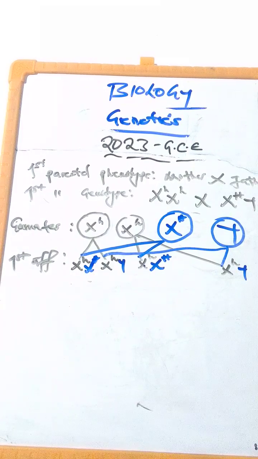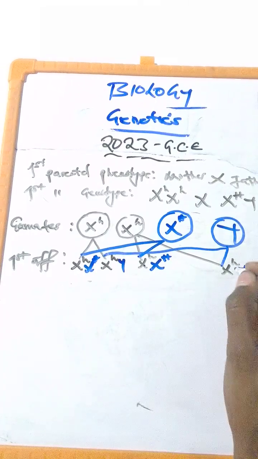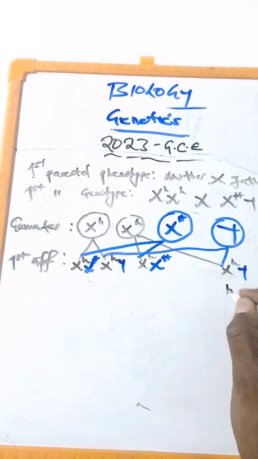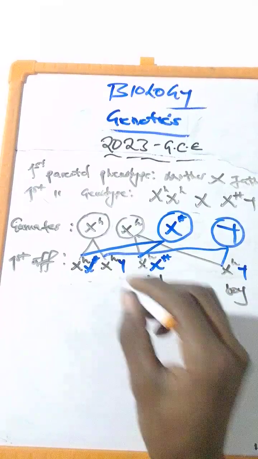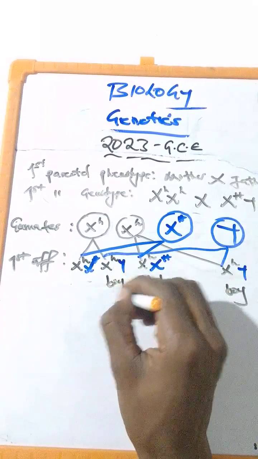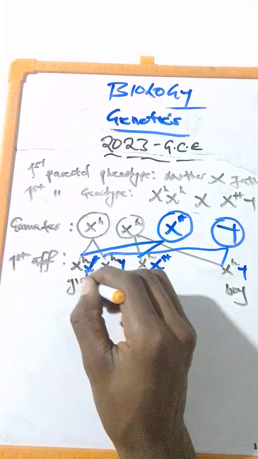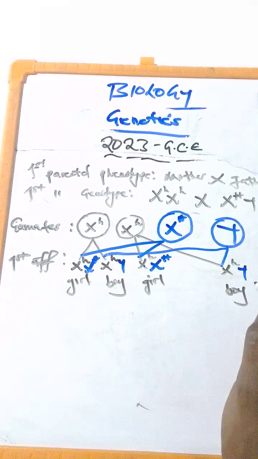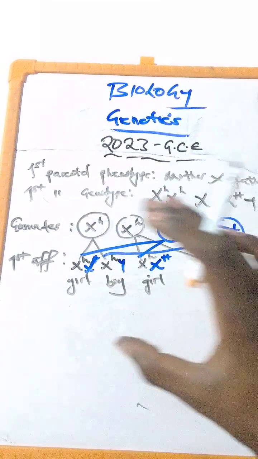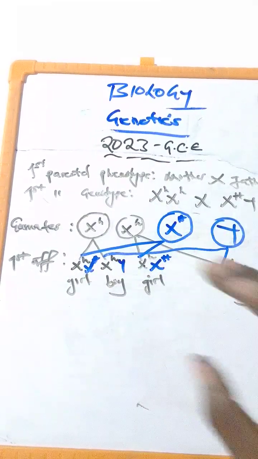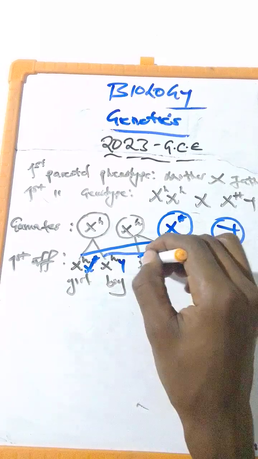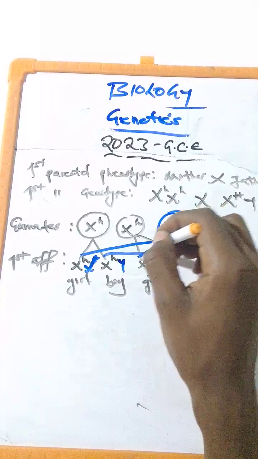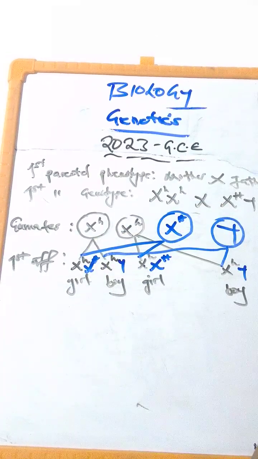So that is how we plot the genetic diagram. So here we have a boy, here we have a girl, here we have a boy, here we have a girl. So despite my space being small, they're looking like they are too close to each other, but I hope you have understood. So you drop, jump, you drop. Same applies here. When you drop here, you're going to jump and then you drop on the other part.